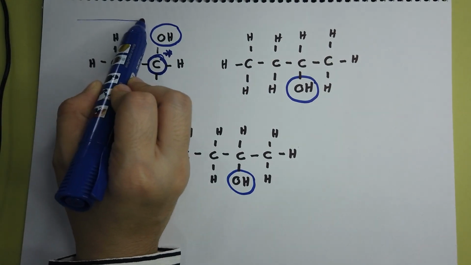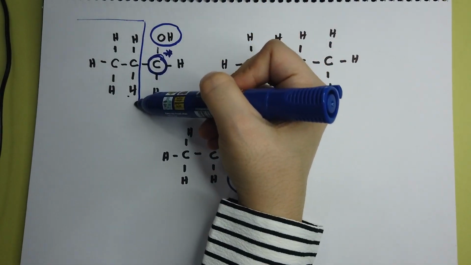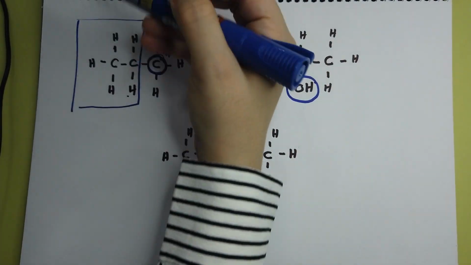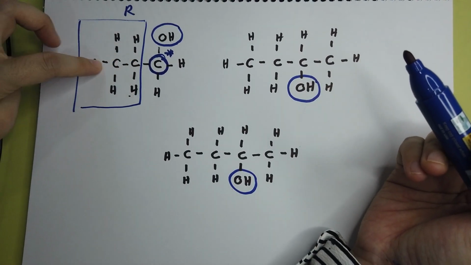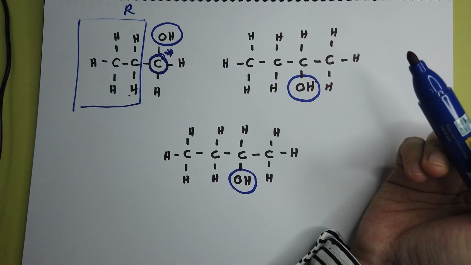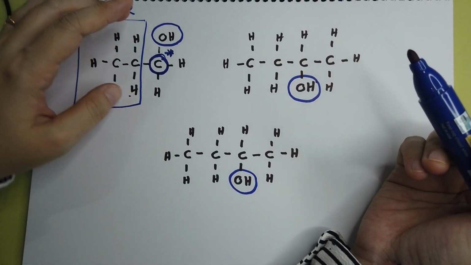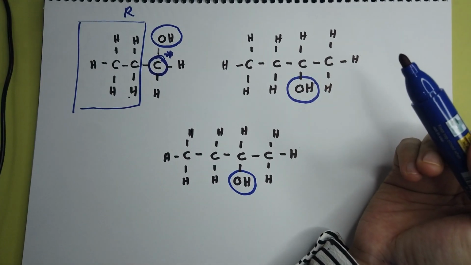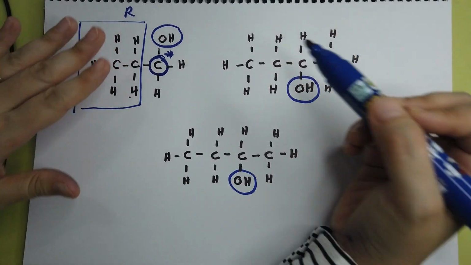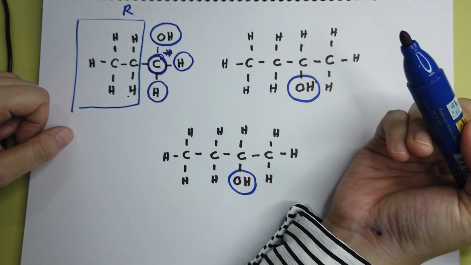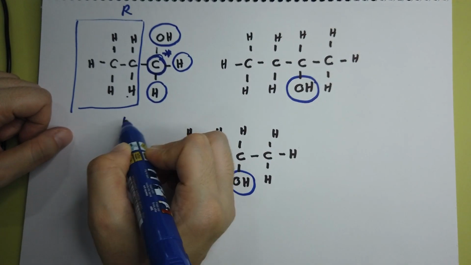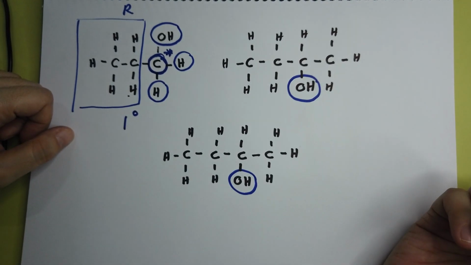If you bracket this, this is your R. It doesn't matter how many carbons you have at the end, because we are going to take this as a chunk. So you only have one R here and the rest is H. This is what we consider a primary alcohol.